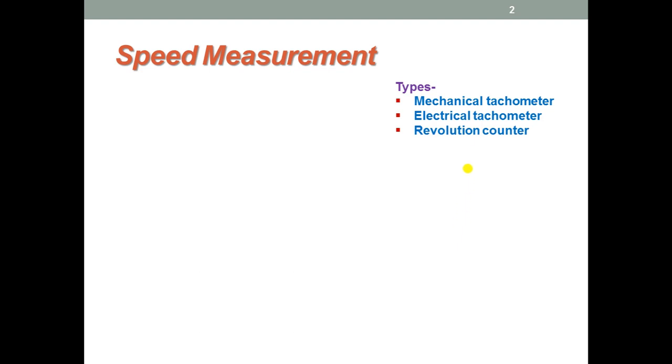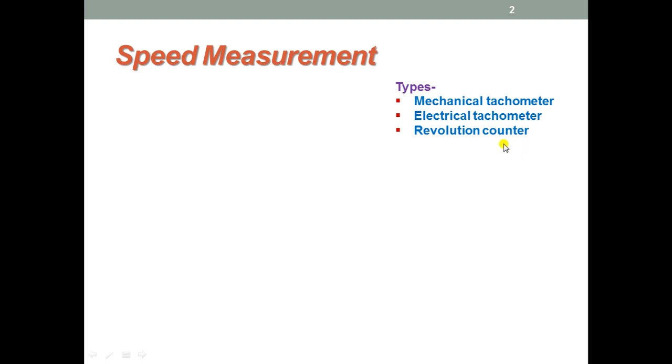A mechanical or an electrical tachometer is used for measuring the speed, but both types of tachometers are affected by temperature variations and are not very accurate. For accurate and continuous measurement of speed, the best method is to count the number of revolutions in a given time.